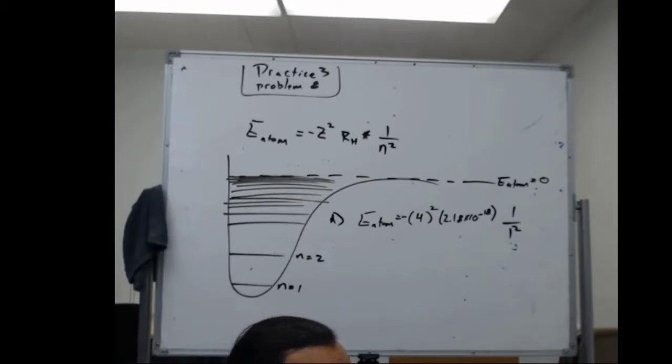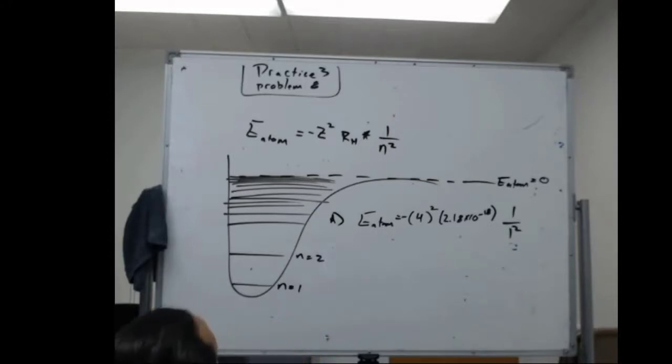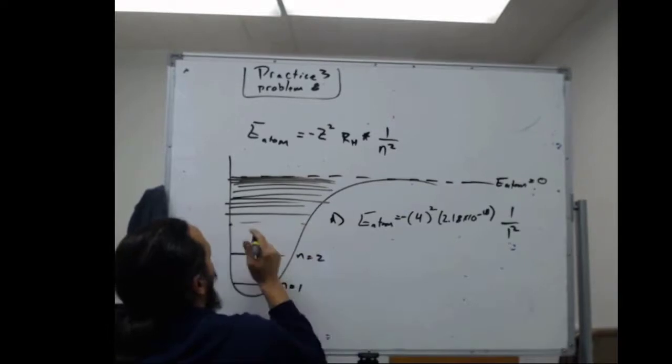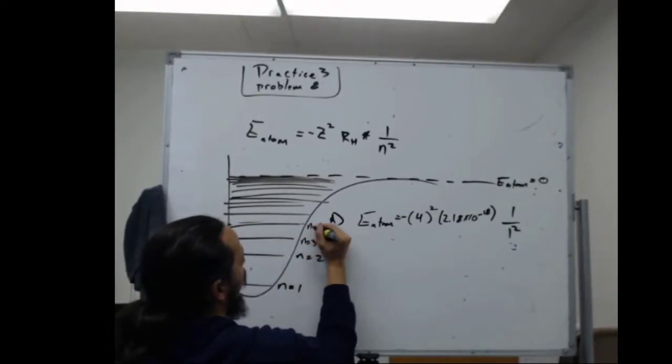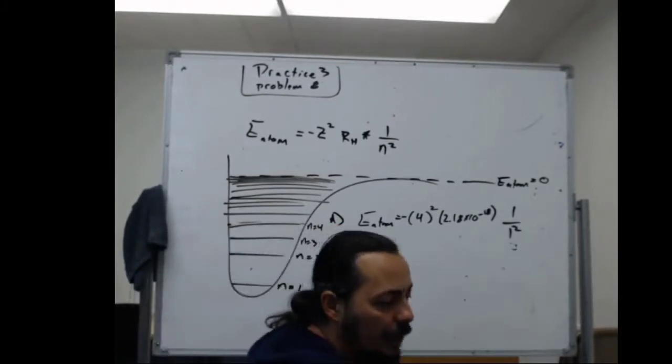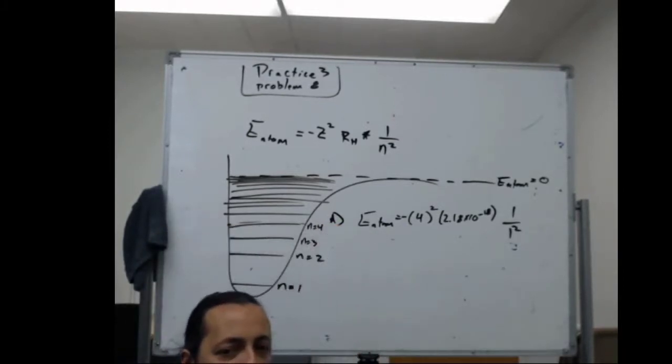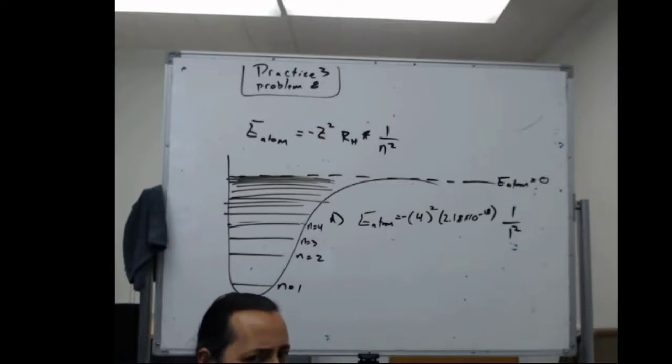For part B, it's what's the energy required to ionize the system when it's in the n equals 4 state. Couple important ideas here. I'll draw on some other lines. N equals 3, n equals 4. In order to do this, we need to have the definition of what ionize means.